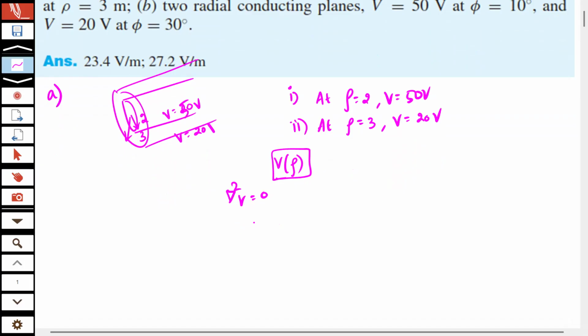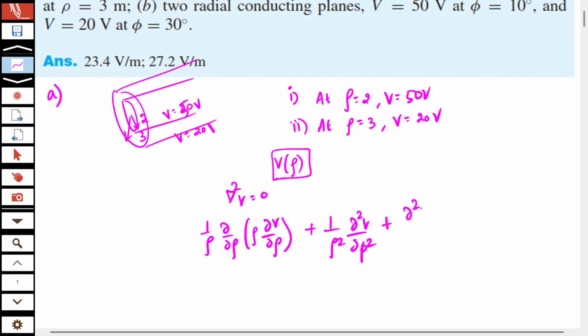So I'm excluding those two terms, writing only the term for differentiation with respect to rho. The second term is 1 by rho square, dou square V by dou phi square, and the last term is dou square V by dou z square equals 0.